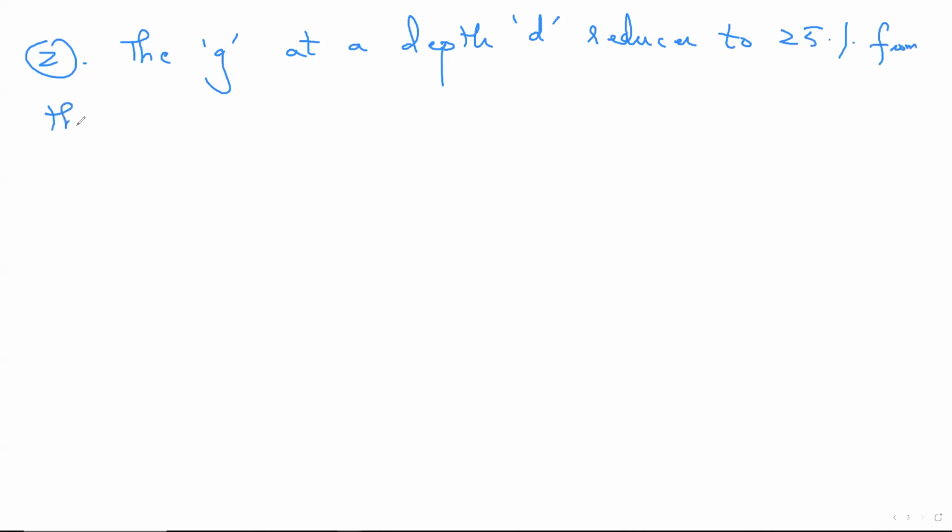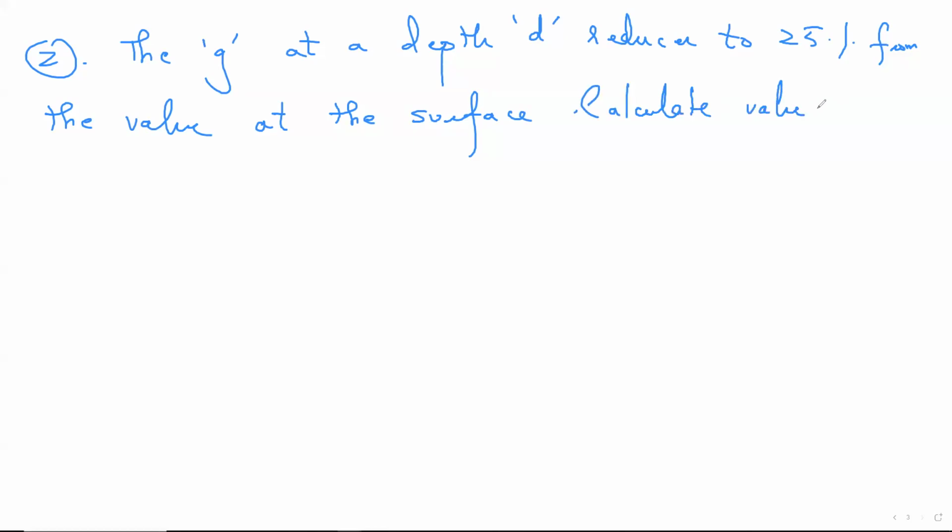From the value at the surface. Okay. Calculate value of D if radius is 6400 kilometers.